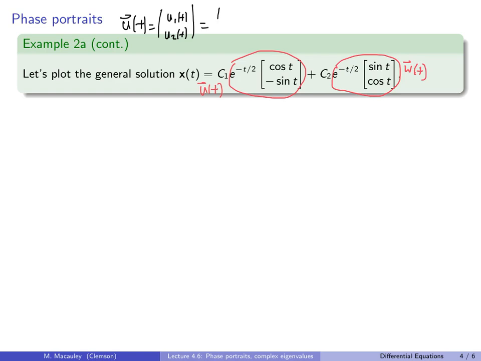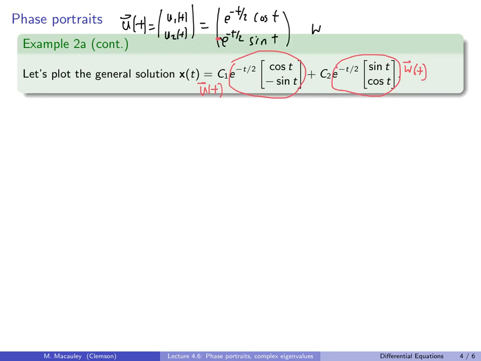This is e to the minus t over 2 cosine of t, and e to the negative t over 2, negative sine of t.